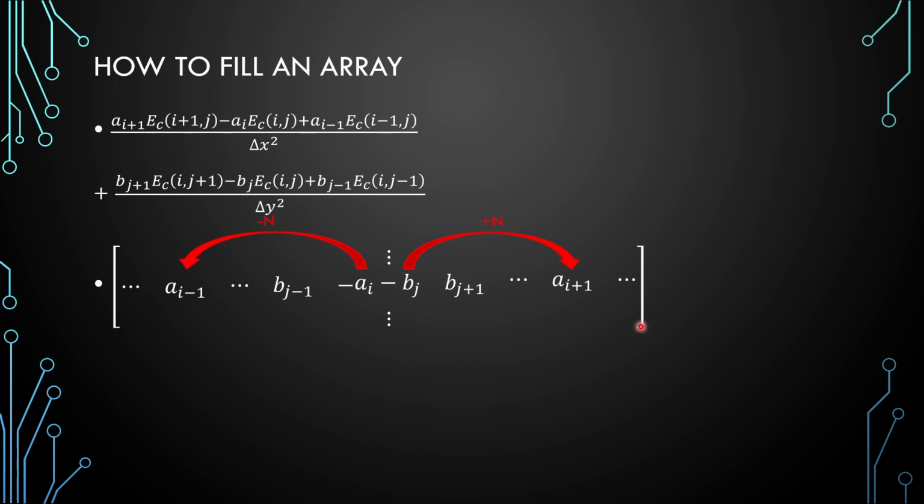Therefore, in this row, you will be able to find them at plus n and minus n away from our diagonal term. So they will be filled in as A_{i-1} and A_{i+1}.